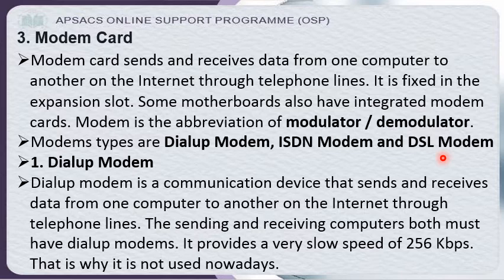A number will be dialed and then you will connect to the internet. So the name given to that is dial-up. A dial-up modem is a communication device that sends and receives data from one computer to another computer on the internet through a telephone line.